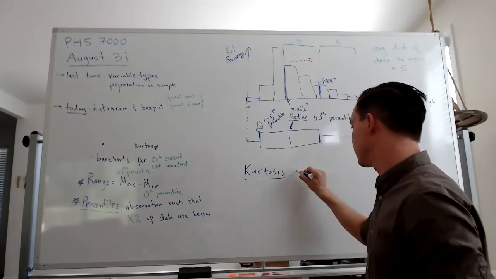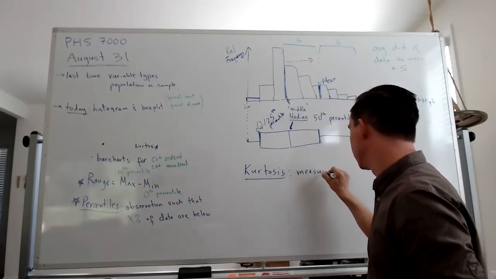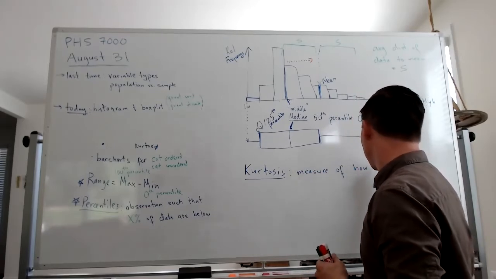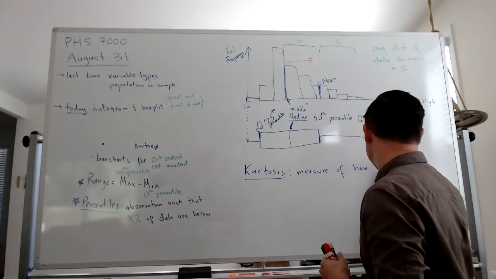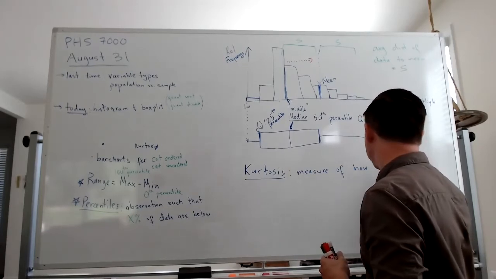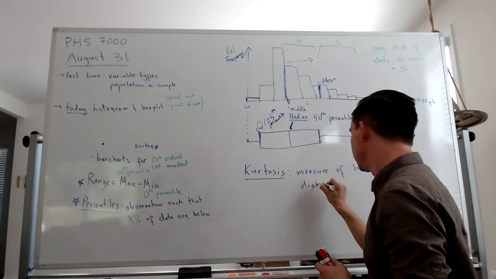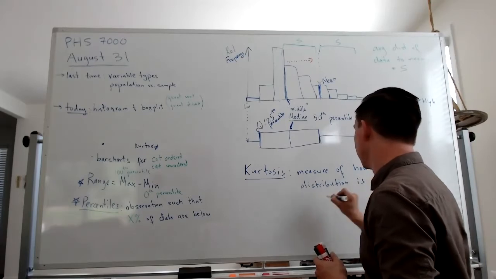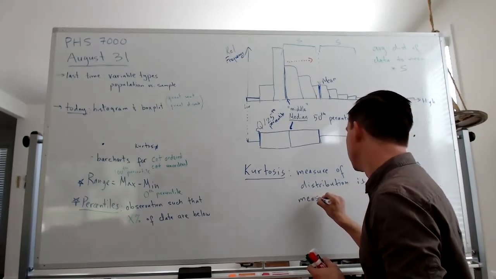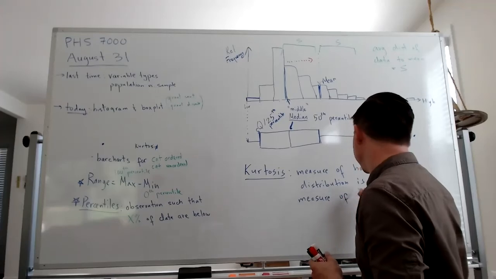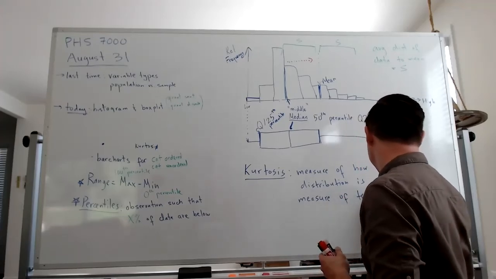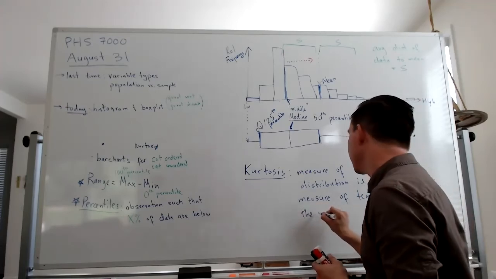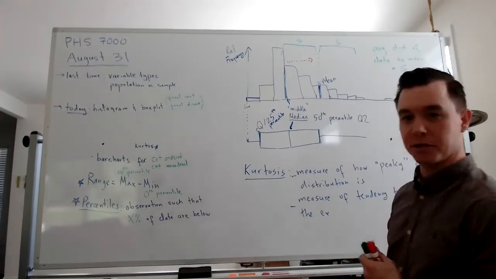Sometimes it'll be called a measure of how peaky a distribution is. Or a measure of tendency towards the extremes. So these are the opposites, what I just wrote.